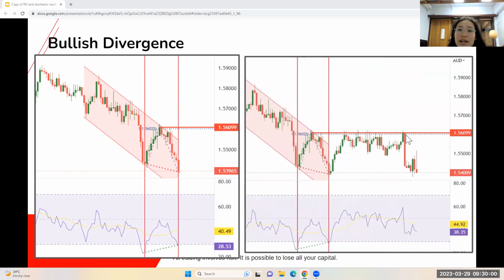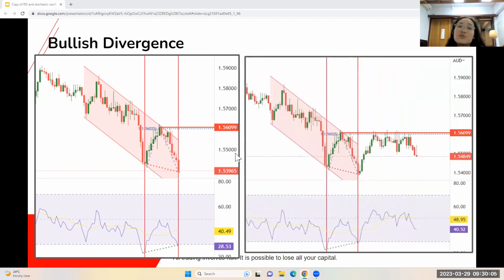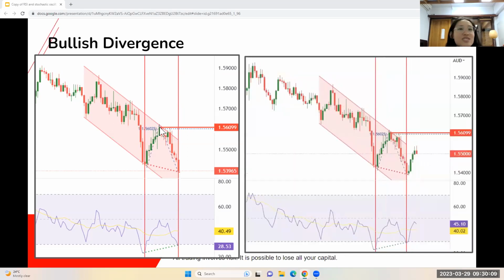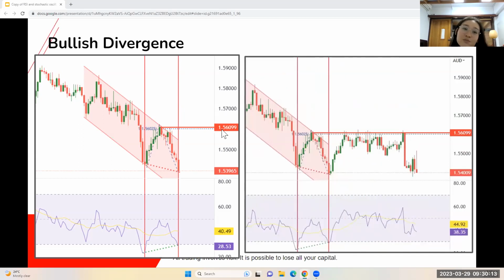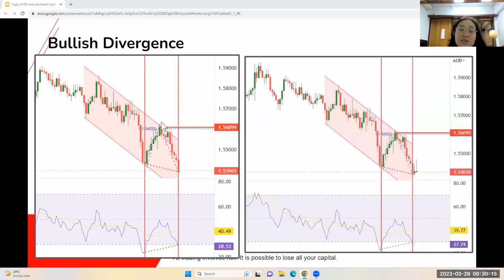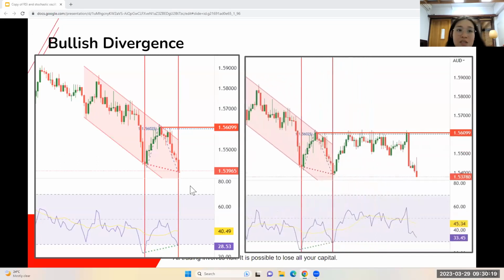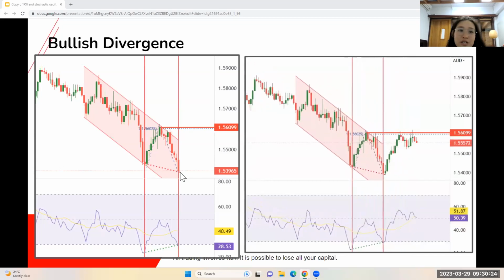But what I really wanted to highlight over here is the confluence. If you take a look here, we have a resistance line over here at the 1.56099 level at the swing high. And I also have a Fibonacci projection, starting point here, middle point here and ending point here.